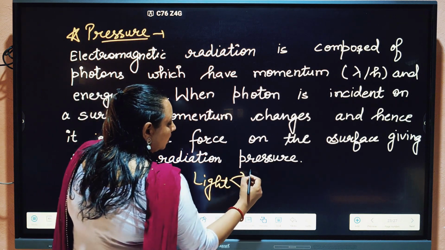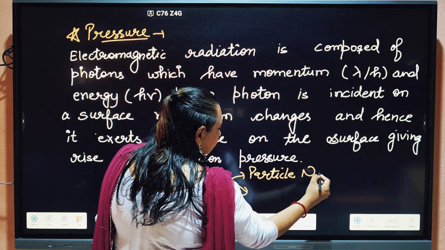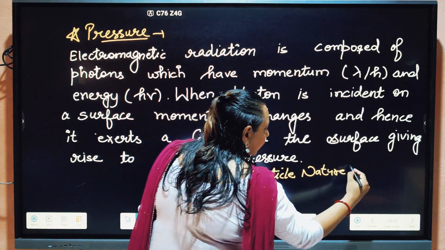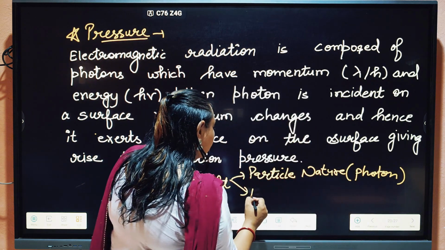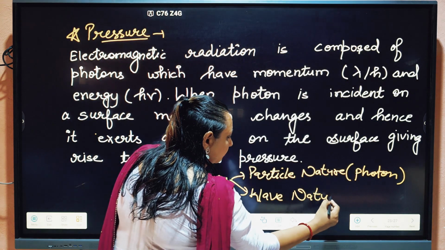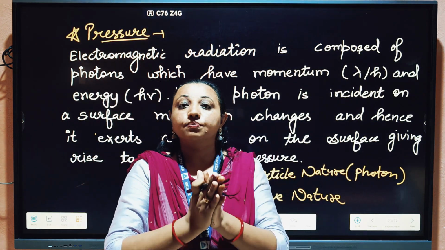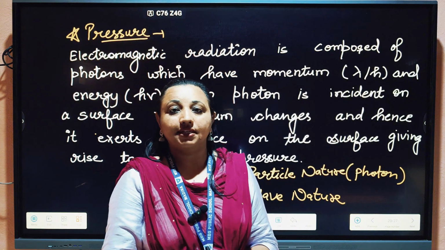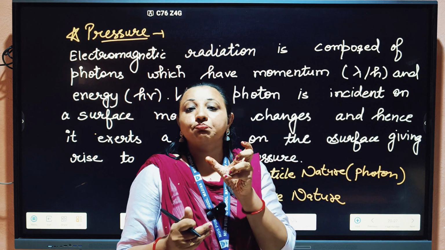Light has dual nature: particle nature, which is also known as photon nature, and wave nature. Light at the same time shows both natures. Photon nature means it has packets of energy.